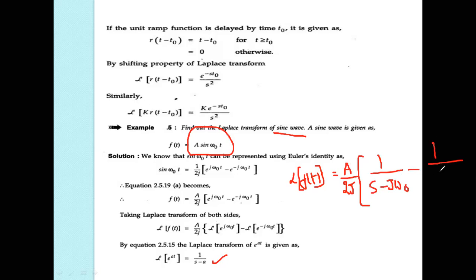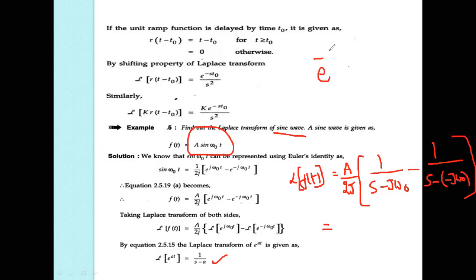So the Laplace transformation of f of t is A by 2j times 1 by s minus j omega naught, minus 1 by s minus of minus j omega naught.